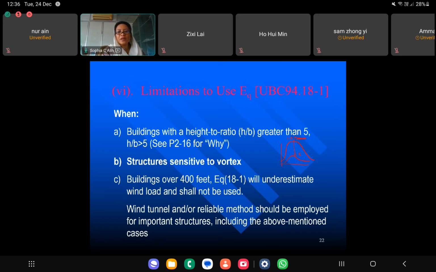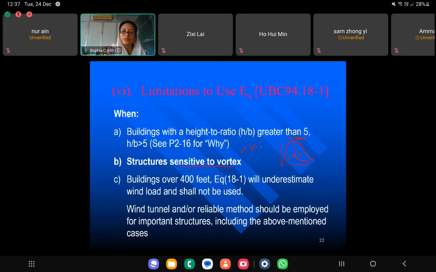the dynamic sensitivity of your structure. So it is not too safe for you to use the coefficient given by the code. The second one is sensitivity to vortex. Definitely, if it is sensitive to vortex, you should be very careful. How can you check the sensitivity to vortex?